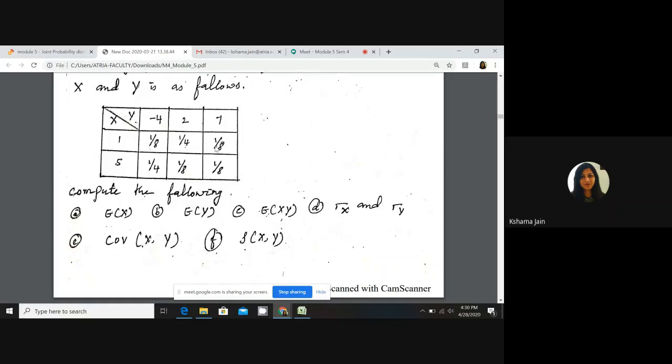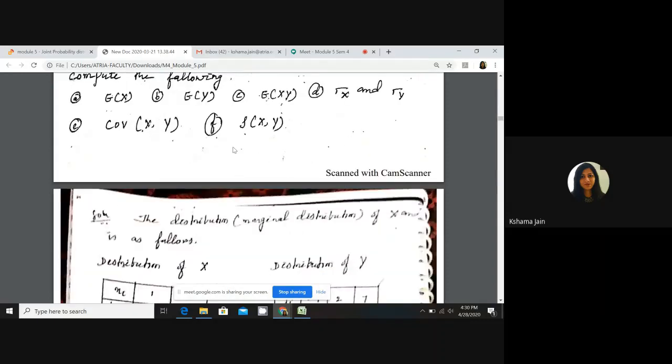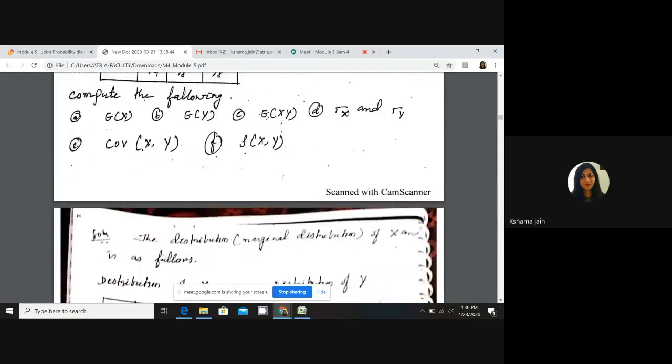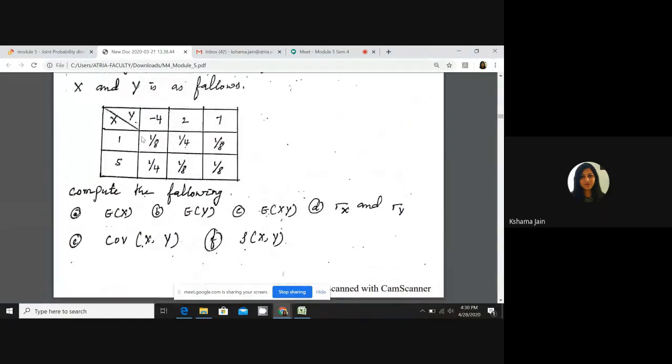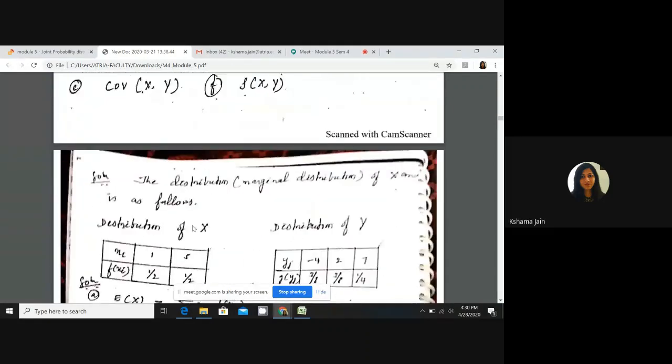If you add them, you will get 1 plus 2 plus 1, that is 4 by 8. 4 by 8 is what? 1 by 2. So here it is 1 by 2. Same for 5, I need to find the marginal distribution. I will add the corresponding row's elements: 1 by 4 plus 1 by 8 plus 1 by 8. So that's 2 plus 1 plus 1, that is 4 by 8. Again 1 by 2.